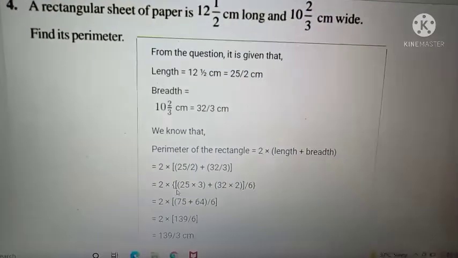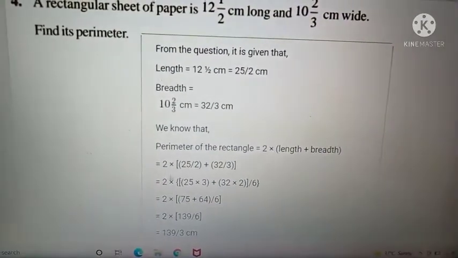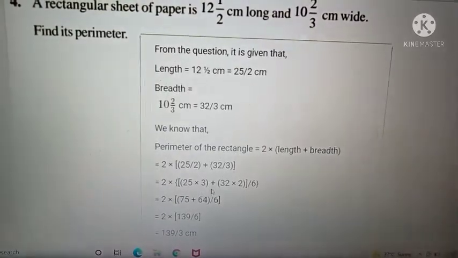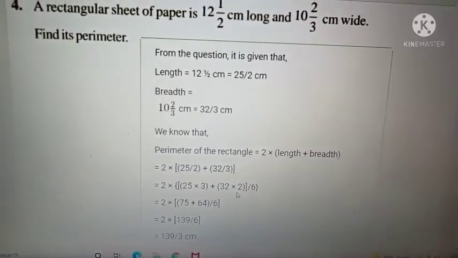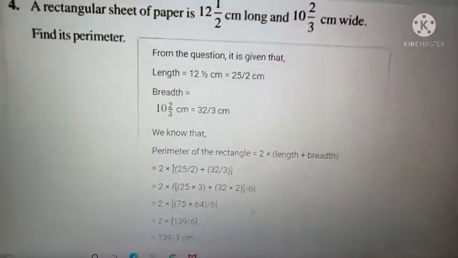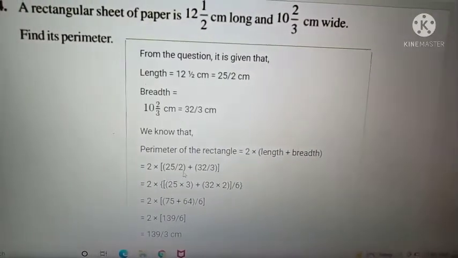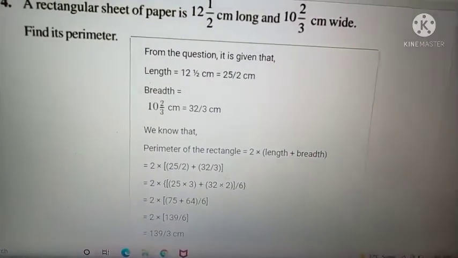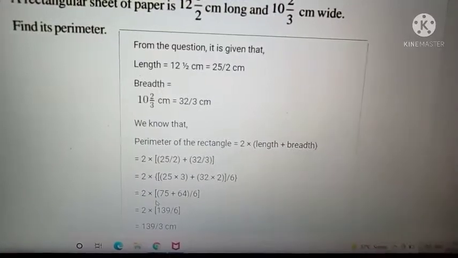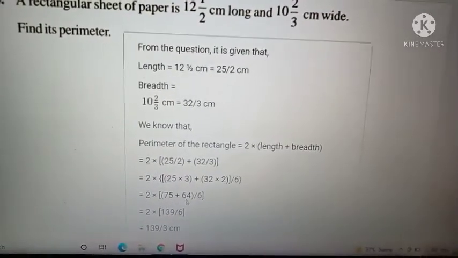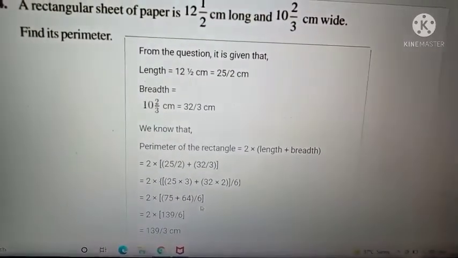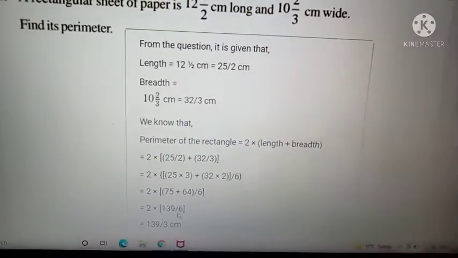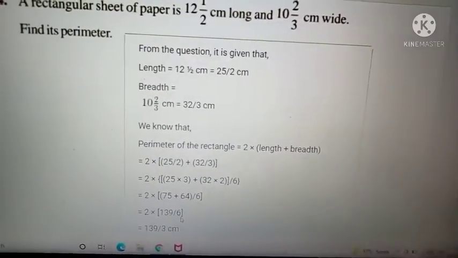That is equal to 2 into, in the bracket, 25 into 3 plus 32 into 2 by 6. We take the LCM. LCM of 2 and 3 is 6. So we get 2 into 75 plus 64 by 6. That is 2 into 139 by 6.